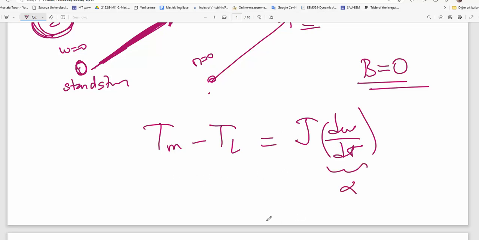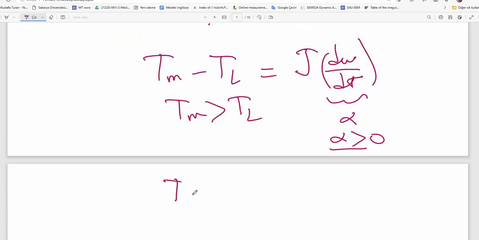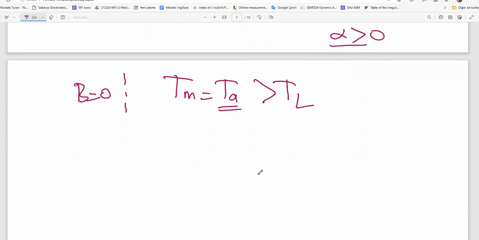That is angular acceleration, alpha. To gain speed, alpha must be positive. To manage this, the motor shaft torque must be larger than the load torque. If you neglect friction, mechanical torque, equal to the induced torque inside the machine, must be larger than the load torque.